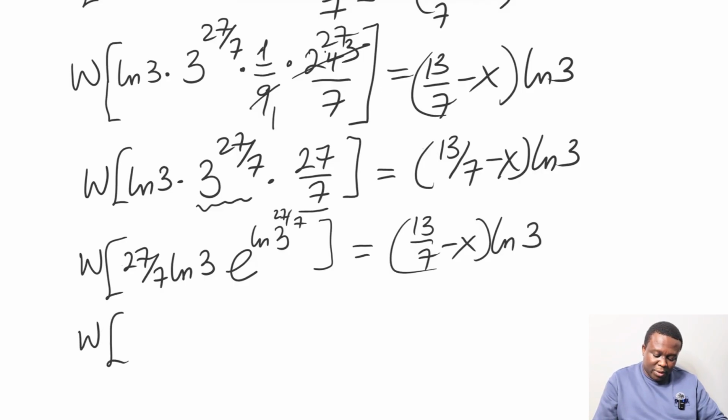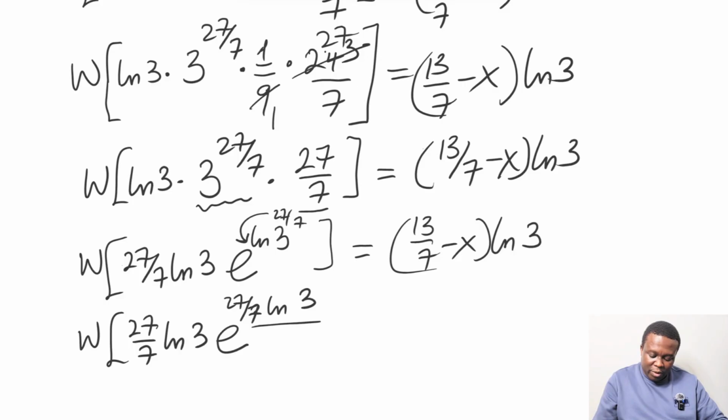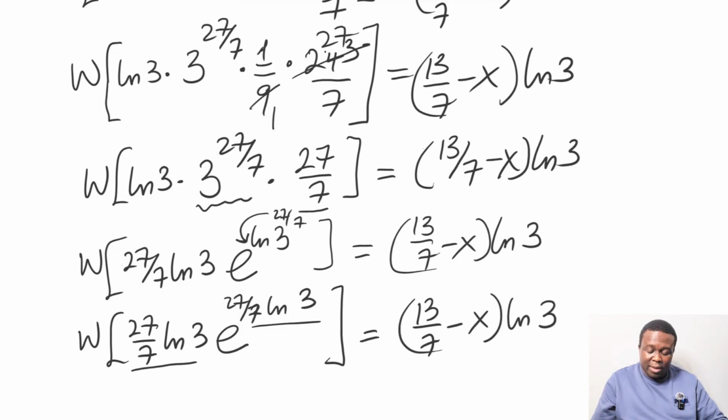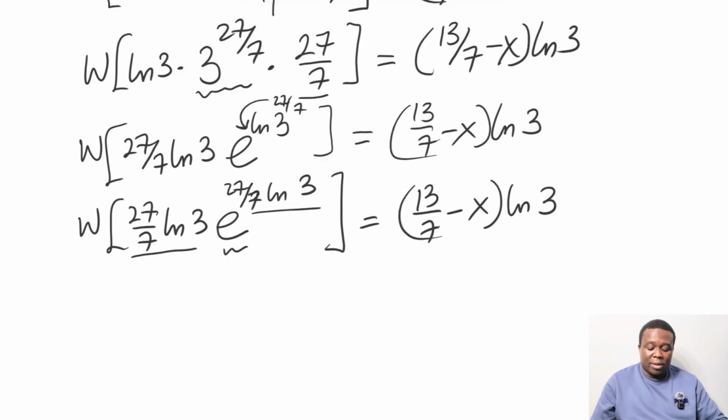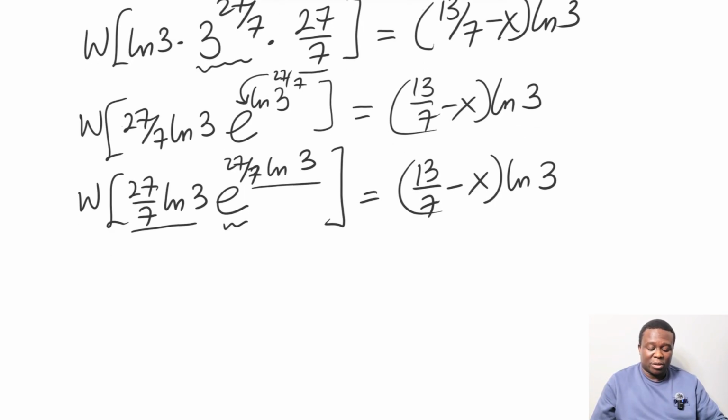This becomes 27 over 7 ln 3. So we see that the base on the left-hand side and the power on the left-hand side now look the same, and also we have our e as well. So now this satisfies the Lambert W function.